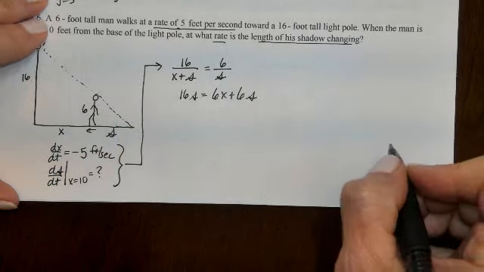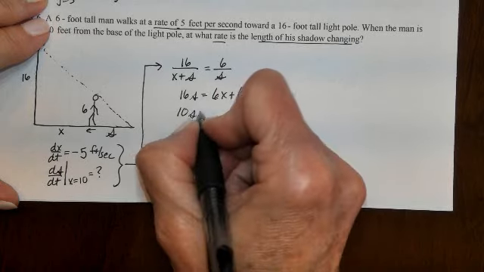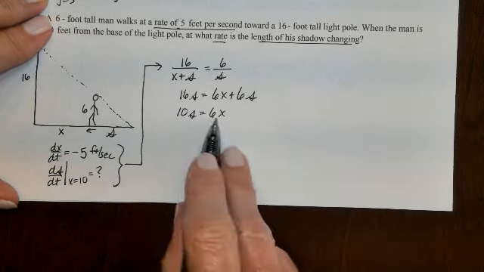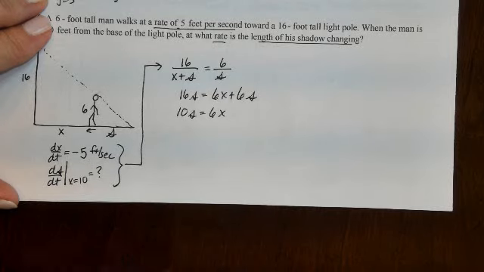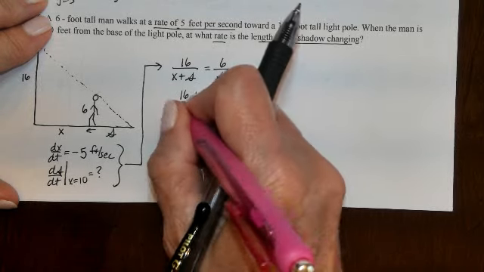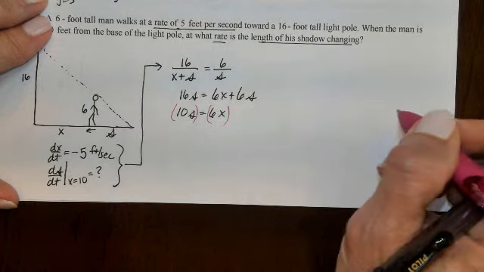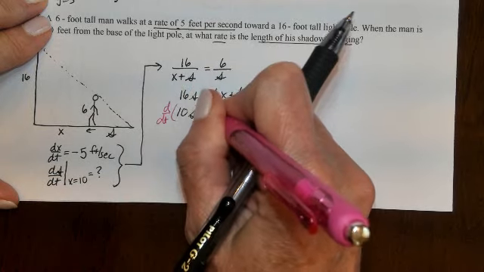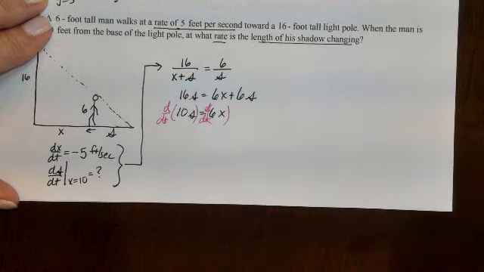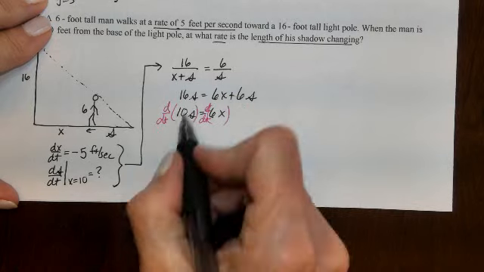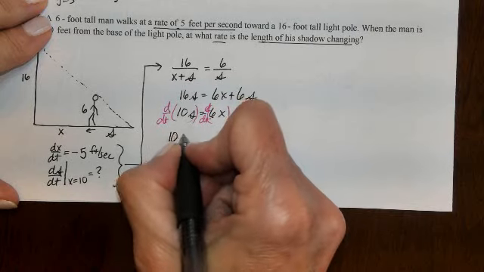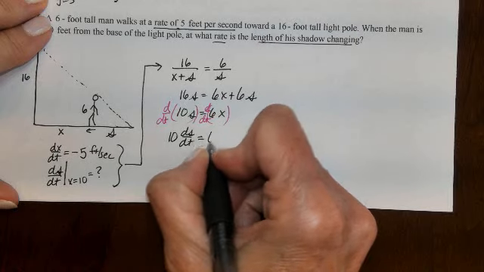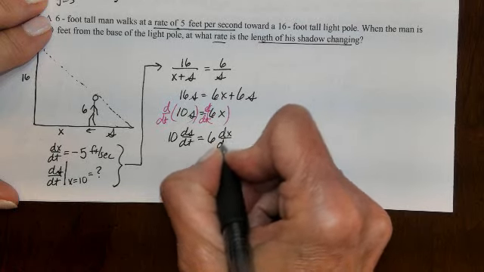And then combine my like terms, and I'll have 10s is equal to 6x. I could divide both sides by 2 if I wanted to, but I'm just going to go ahead and take the derivative of both sides with respect to t. So this will be 10 ds/dt is equal to 6 dx/dt.